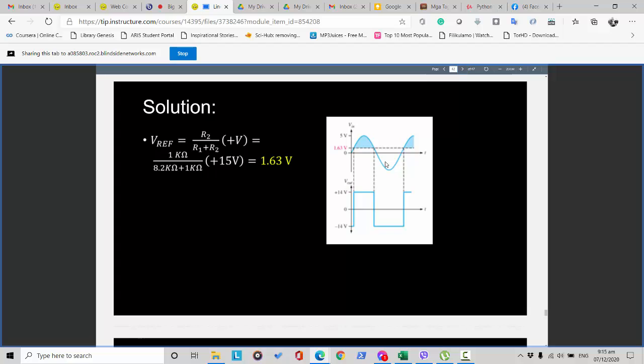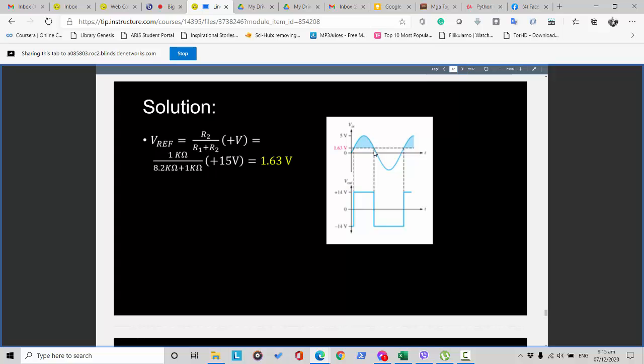So therefore, in the illustration here, you can see that this 1.63 is the measure of the voltage at this point on the positive sine wave.